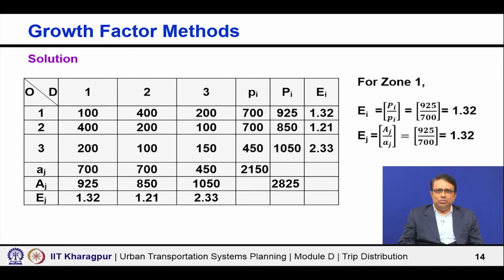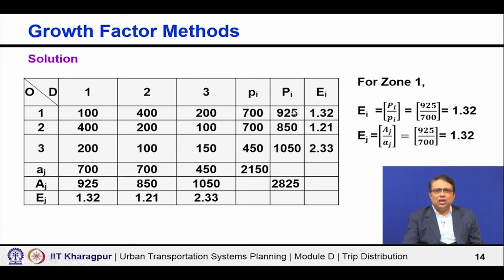So, we start here. We find the growth factor of zone 1, it is 1.32, zone 2 is 1.21, zone 3 is 2.33. How did we get this?